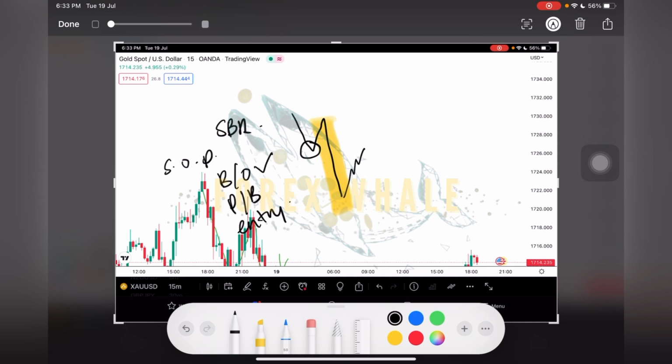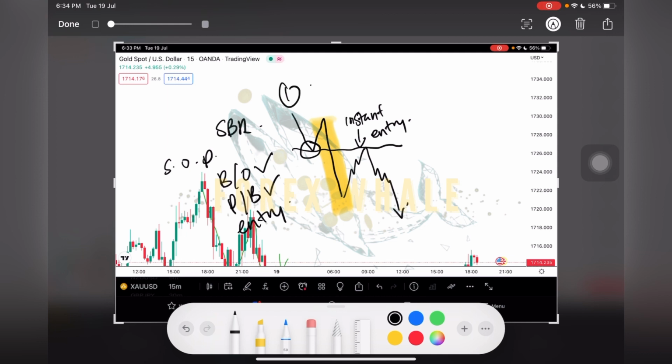Breakout done, pullback done. So here's your support level, and when price pulls back into that zone, you place your instant entry. Once you place your instant entry, know that the first entry is always high risk. But if it's meant for you, you'll be able to get at least some good pips. Okay, so this is the first way to trade SBR.